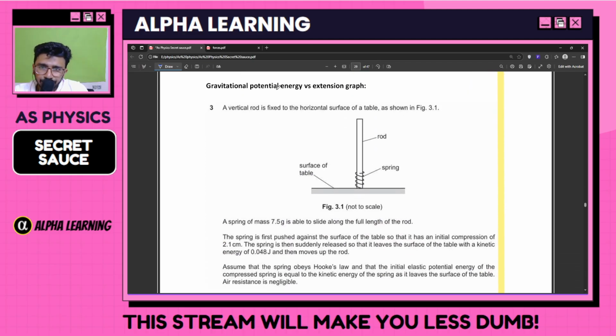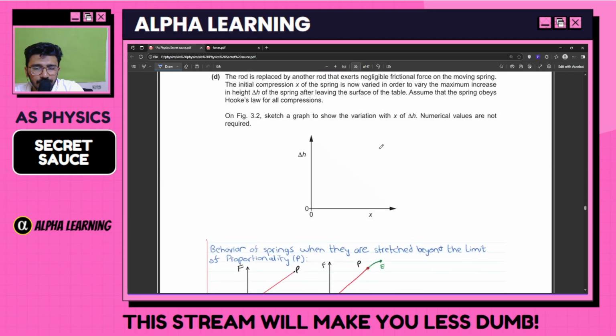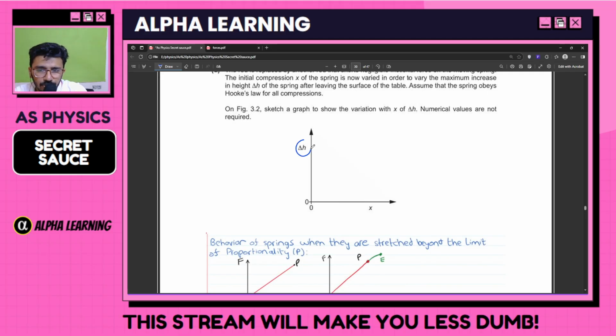Now this was also an interesting question where you had to draw a graph of gravitational potential energy versus extension. Here your gravitational potential energy was getting converted into extension, and you had to draw a graph of height versus extension. So you will say gravitational potential energy is equal to elastic potential energy. Gravitational potential energy is mgh.